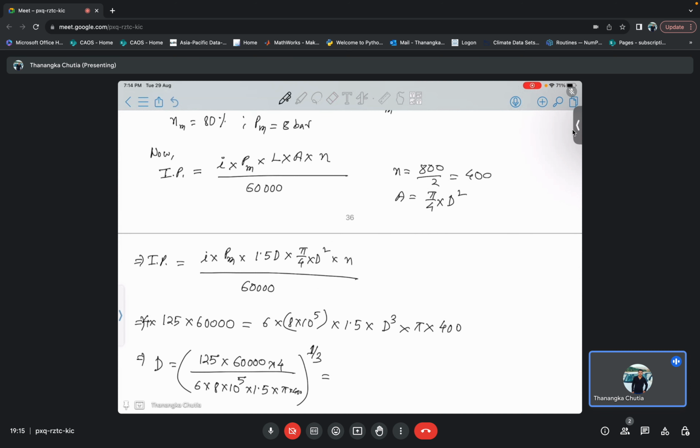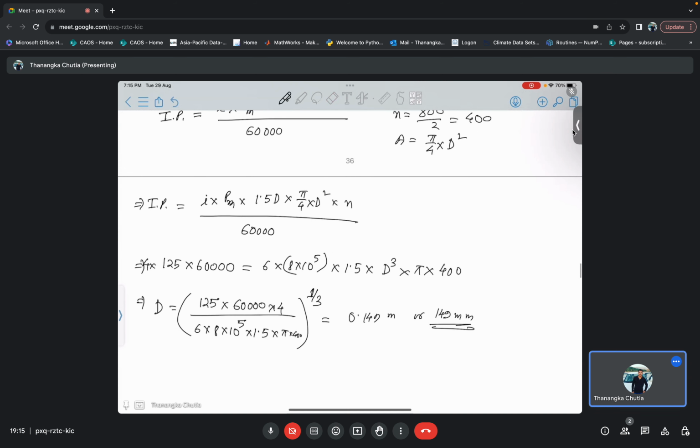So this one you will get as 0.149 meter or 149 millimeter. Okay, so this is your d, this is your cylinder diameter. Therefore, cylinder diameter is equal to 149 millimeter.